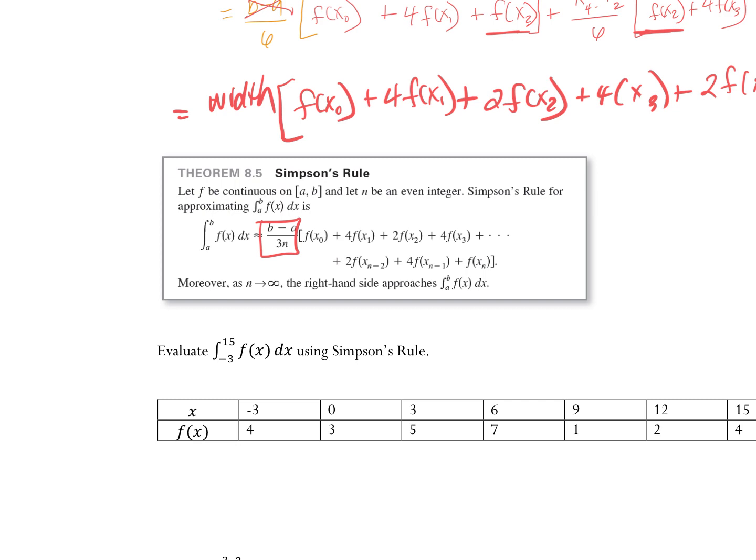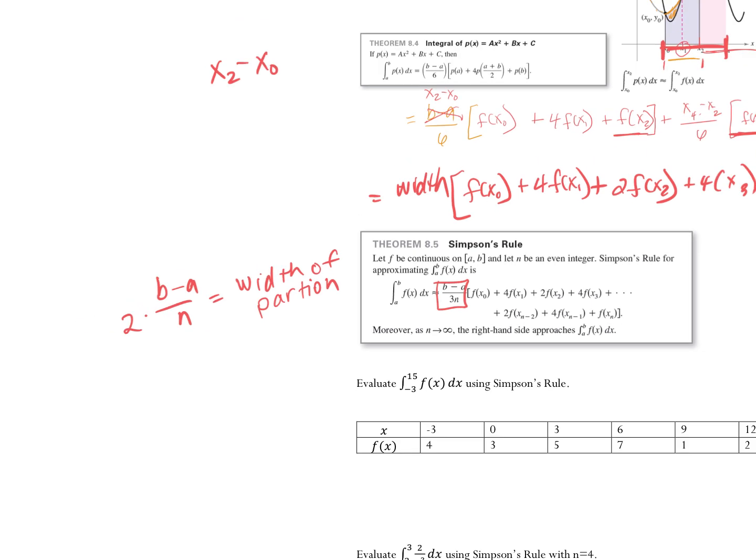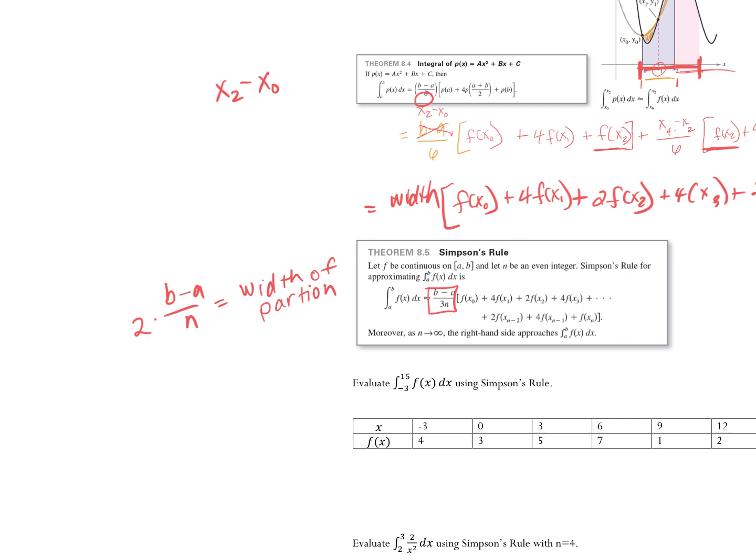The basic premise is that (b minus a) over n is the width of a partition. And then for every sum that we add together, we have 2 partitions, so we're going to multiply that by 2. And then the formula has us divide by 6. So hence we have (b minus a) over 3n. Looks way more complicated than it actually is.